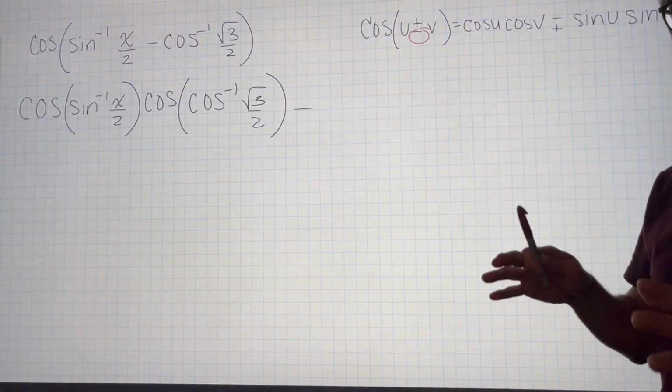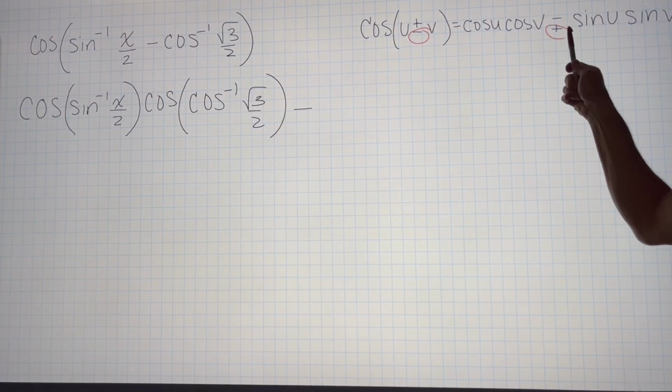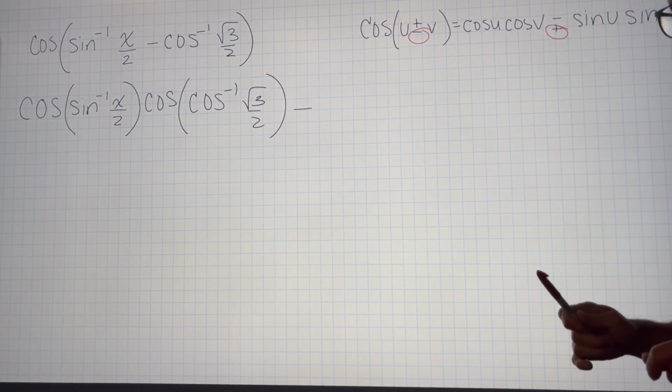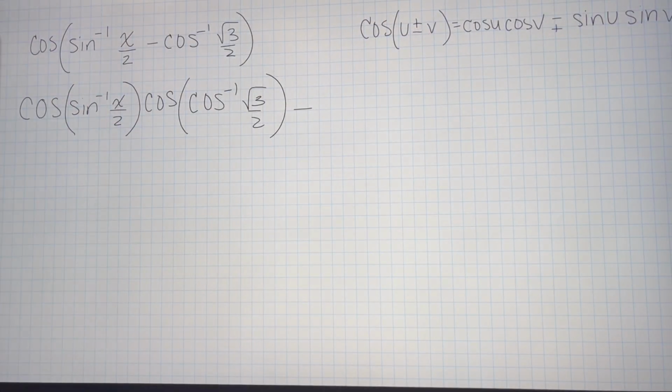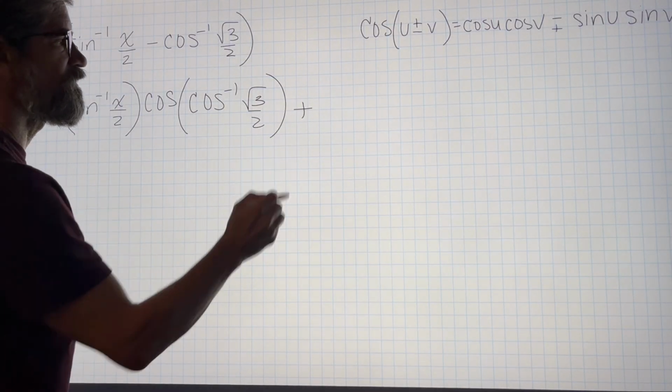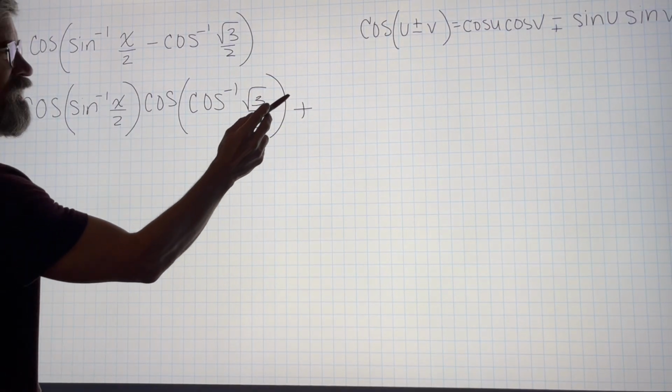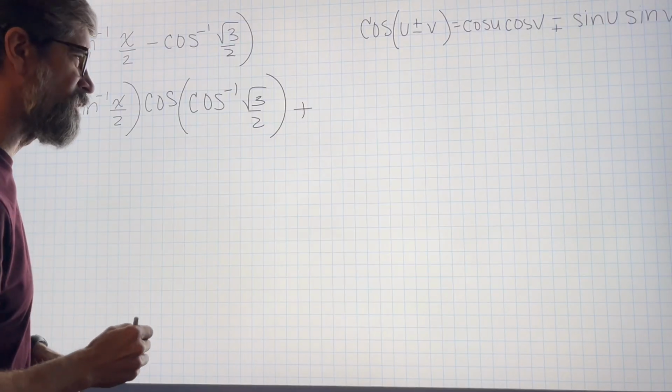If I'm doing the difference of two angles, I'm going to do the sum of these two expressions. So you can see I'm starting off incorrectly there. I actually want a plus, because I have a minus, so I want the sum of the two expressions.